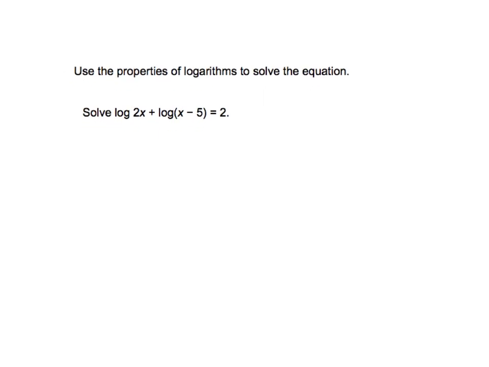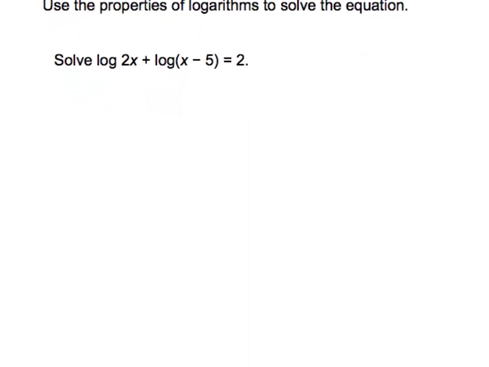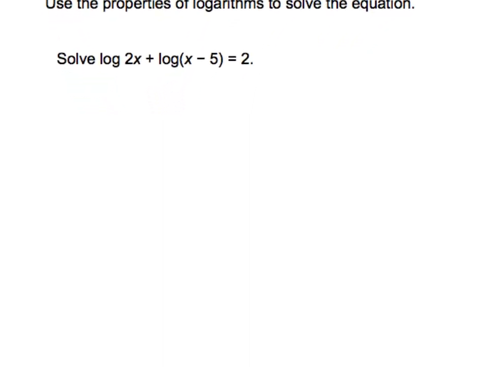Okay, so we're going to take some things that we've already learned and we have already done, and we are going to apply that to solving this equation. So we have the log of 2x plus the log of x minus 5 equals 2.